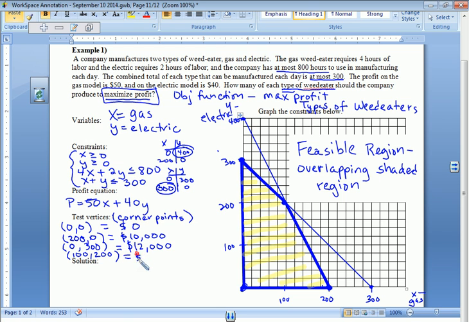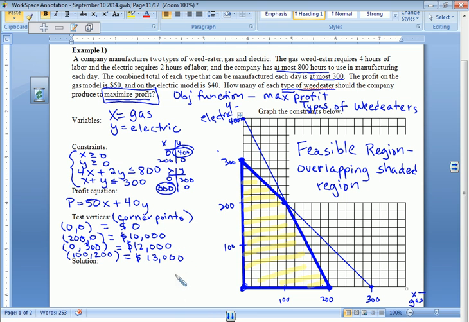Now, what would be the profit if I produced 100 gas and 200 electric? Plug it in. You guys plug it in and figure out what the profit would be. 13,000. 13,000.